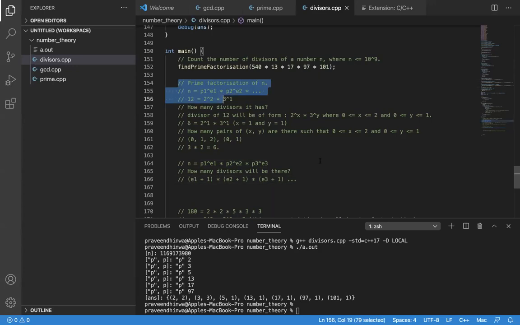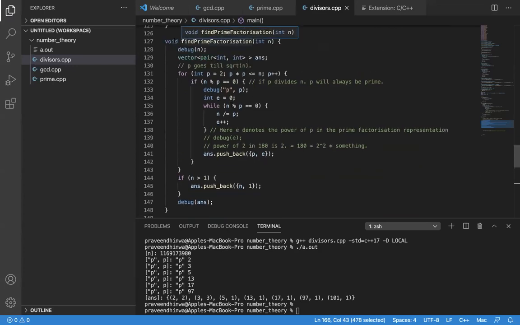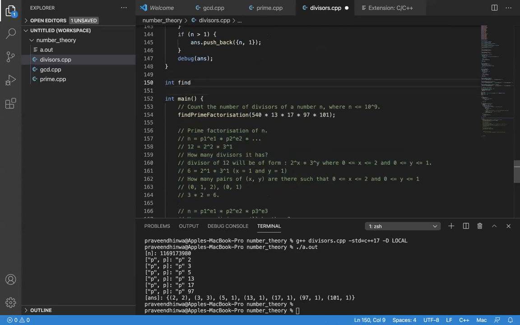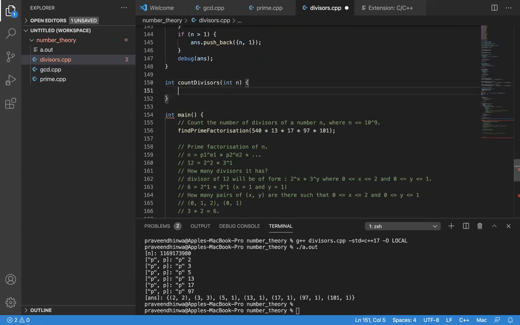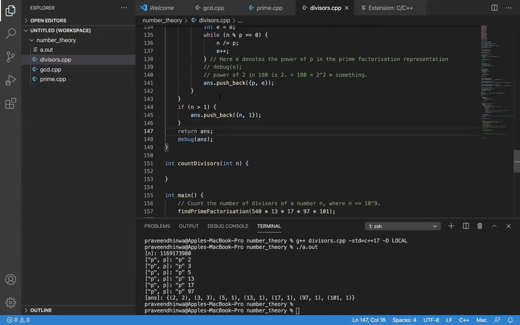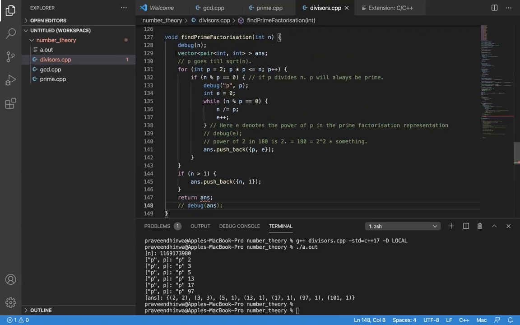Okay, so let's implement this. In this case, this was prime factorization, and let me change the same code. Find count divisors: count divisors of int n. So what do I do? Let's say return answer from here. Let me remove debug. Let's say its output is a vector of int.